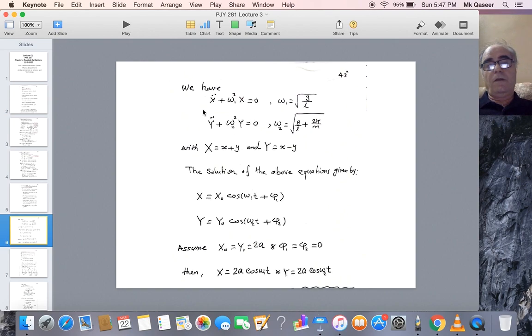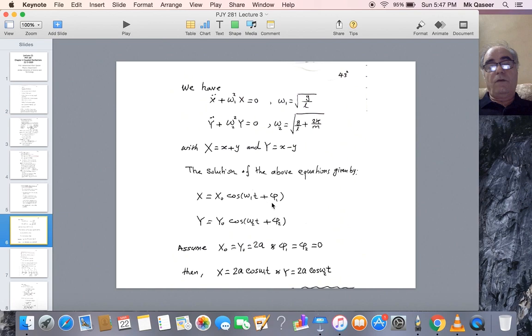Here again we have these two equations. We know that X capital is x small plus y small, and Y capital is x small minus y small. The most general solution for X capital is X0 cosine of (omega 1 t plus phi 1), and Y capital equals Y0 cosine of (omega 2 t plus phi 2).